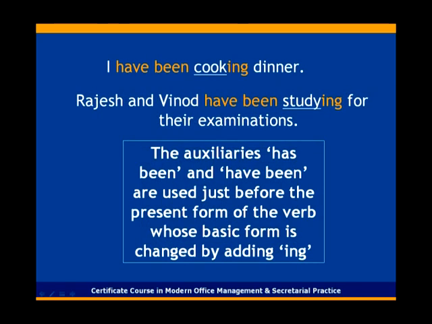When we look closely at the structure of the sentences which are not questions, we find that the auxiliaries has been and have been are used just before the present form of the verb whose basic form is changed by adding ing.